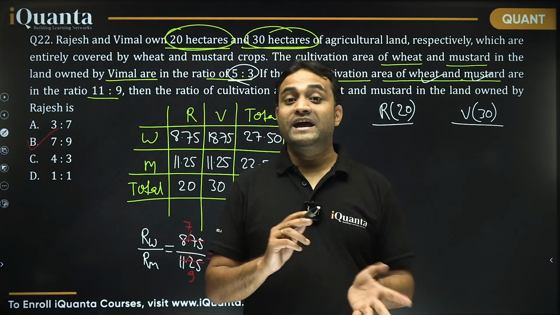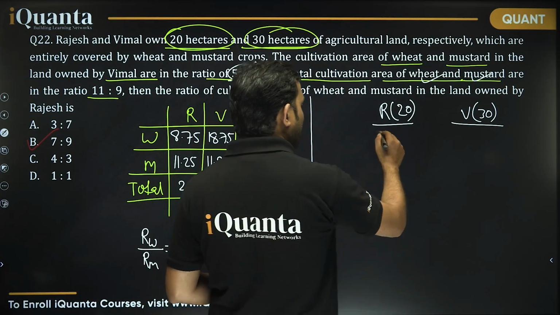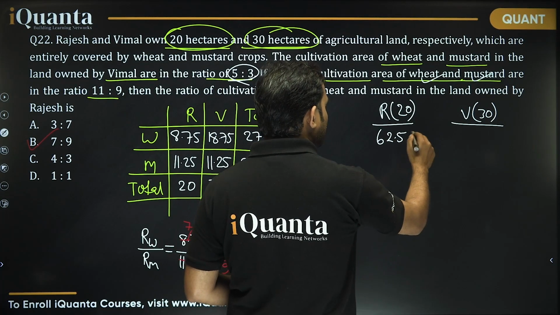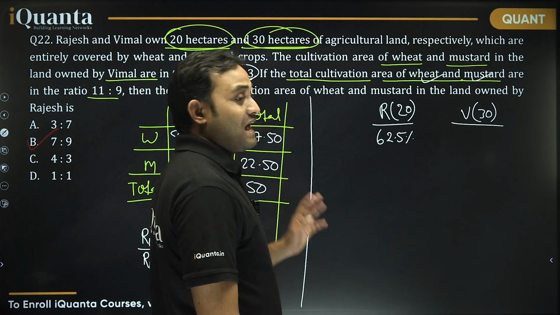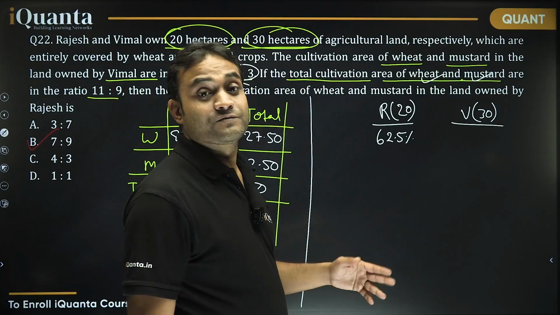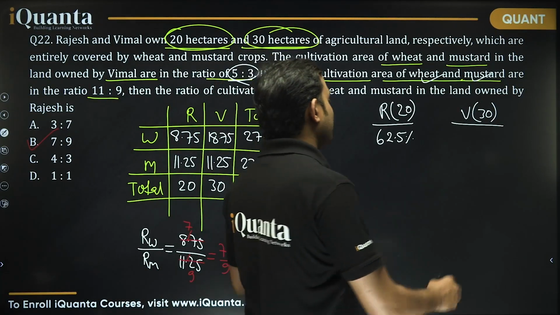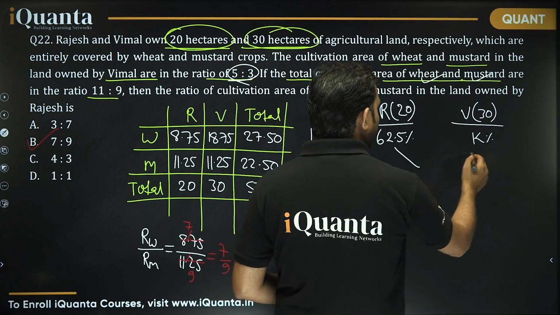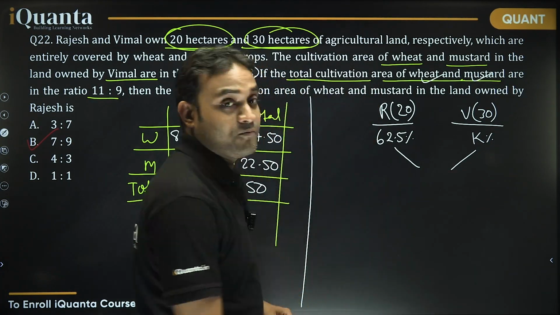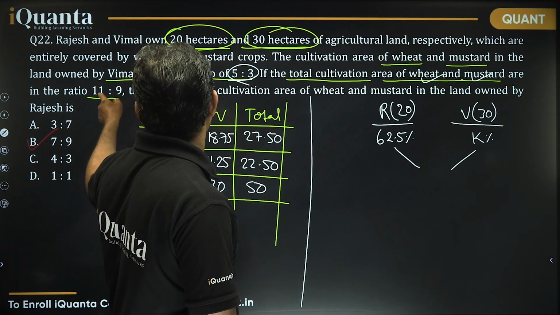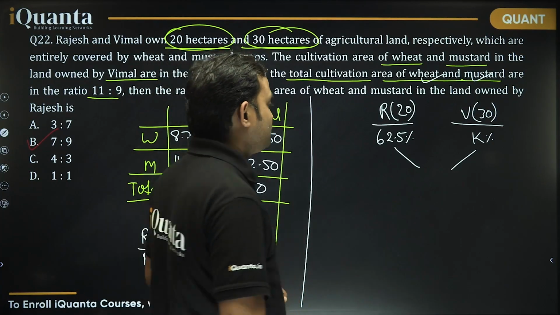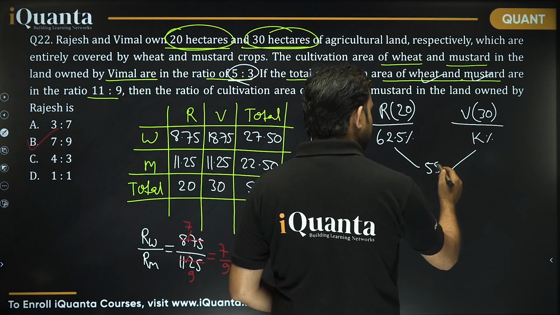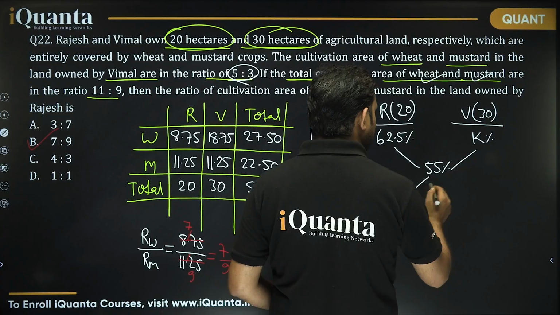So 5 by 8 of total means 62.5%. 62.5% of land in the case of Vimal is for wheat crops. In the case of Rajesh, let's say this is K percent. And then overall, what is the percentage of wheat crops? So 11 out of 20, which is 55%.